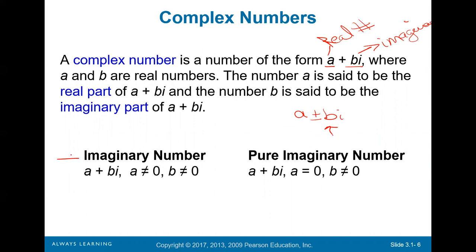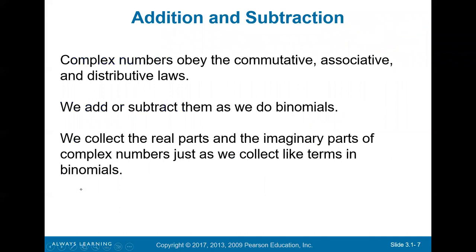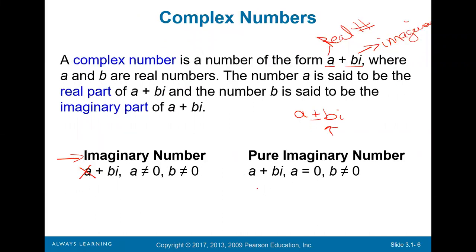Okay, so here you go. In order for us to have an imaginary number, A and B cannot be 0. Well, again, A could be 0, and it just leaves me with strictly the imaginary part. But in this section, it's telling you that neither one can be 0. Okay, so a pure imaginary. So here's the difference.